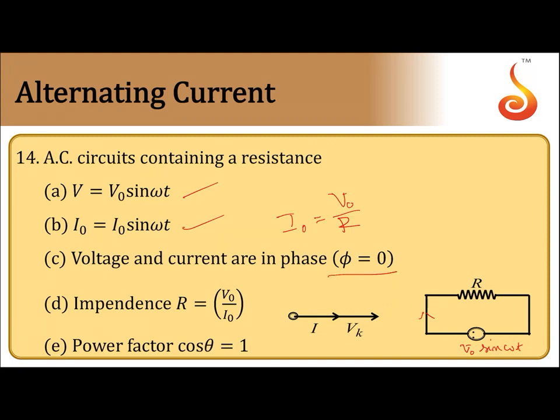There is no phase difference between voltage and current, so phase difference is 0. Impedance of the circuit is equal to resistance, that is V0 by I0 or V by I. Then power factor cos phi, since we have taken phase difference as phi, is equal to 1.